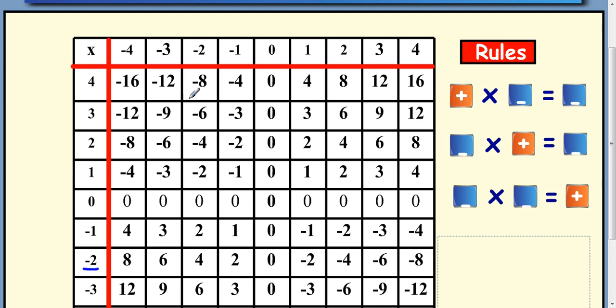Negative 2 times negative 2, if we go down here, you can see that's 4. So negative 2 times negative 2 is 4. And you can see negative 2 times negative 1 is positive 2. So when the signs are the same, you get a positive answer. As I say, if you remember all this, it's just a case of doing your times tables.